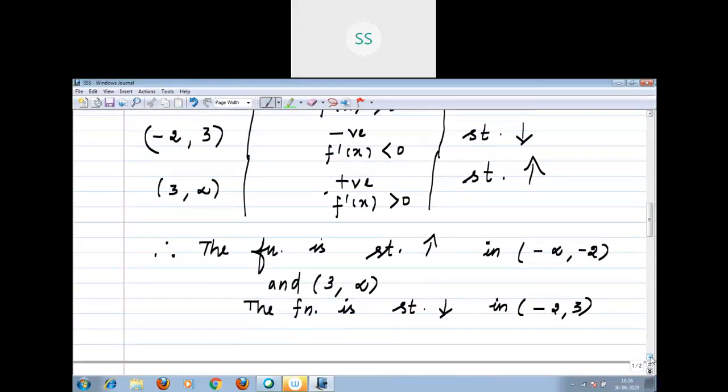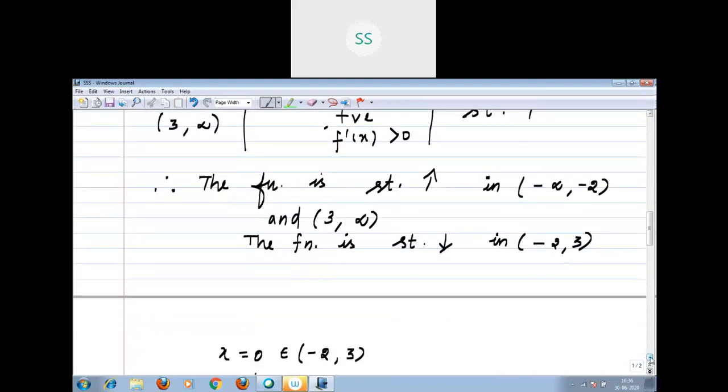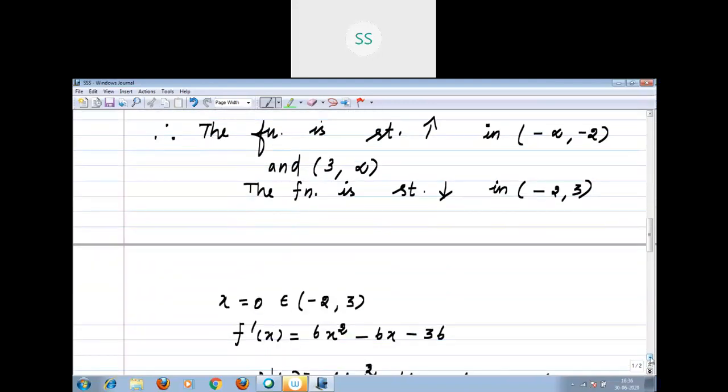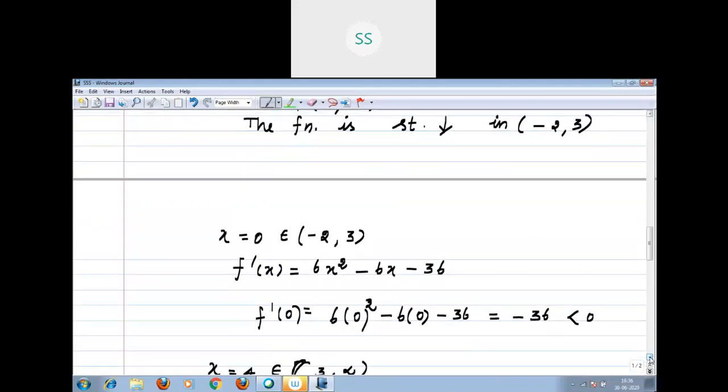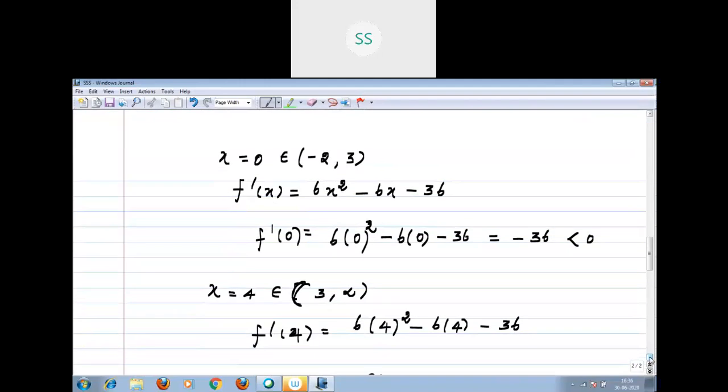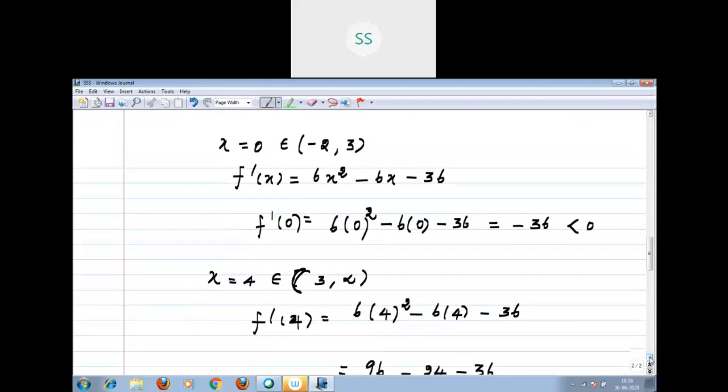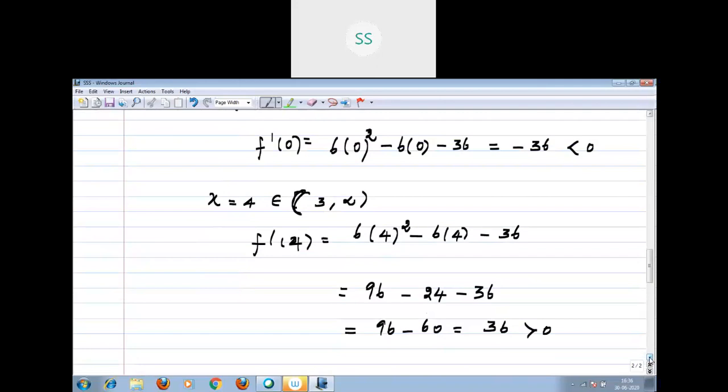To check, I took 4 from the interval 3 to infinity and arrived at a value greater than 0. So the conclusion I gave is 100% correct.